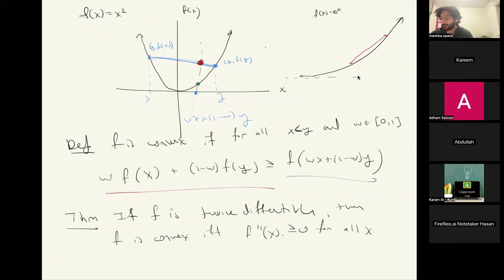What does it mean, f double prime? f prime is the derivative, it's the slope. So this is saying that the derivative is increasing. As you look at the slopes of the tangent lines, they're increasing in x. Intuitively, it makes sense, right? If I want to guarantee that any segment lies above the curve, then as I go along the curve, the tangent lines should be getting more and more sloped. Does that make sense?